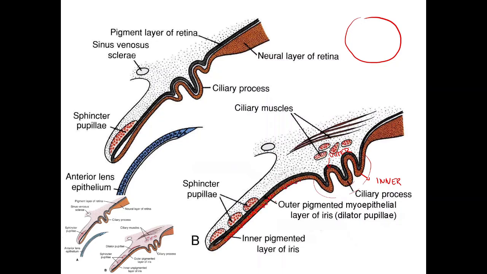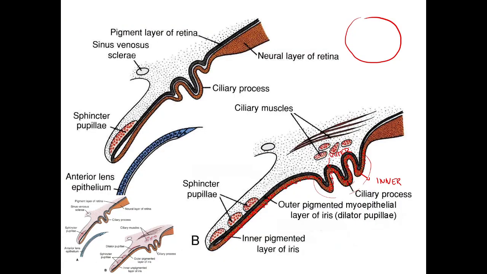It's pigmented in the iris, but it's not pigmented on the ciliary body, because these cells on the ciliary body do not contain pigment granules, or maybe a very small amount, and they are producing aqueous humor, they are producing fluid, because the ciliary body is responsible for accommodation of the lens, and also for fluid production in the eye. So these cells are also developed from the inner layer of the optic cup.